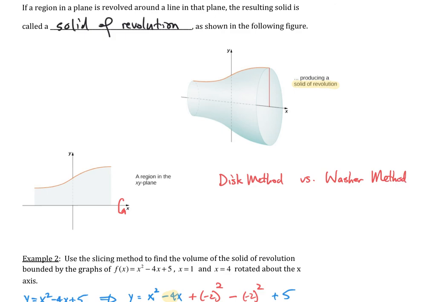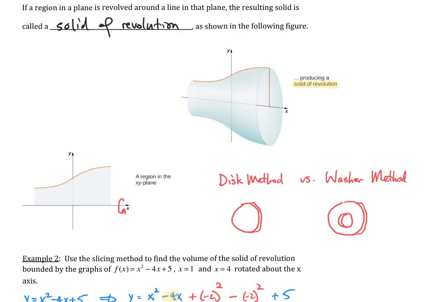The big difference between these two is that with the disk method, your cross-sectional area is going to be a solid disk. So it might look like a coin or something. It's a solid disk. Whereas with the washer method, we're going to have a hole in the middle. So there's one circle, and then there's another circle inside it, like that. And how do you know if you're going to have a hole or not?